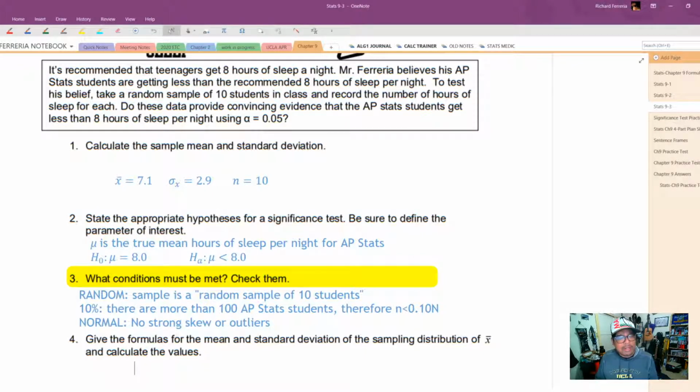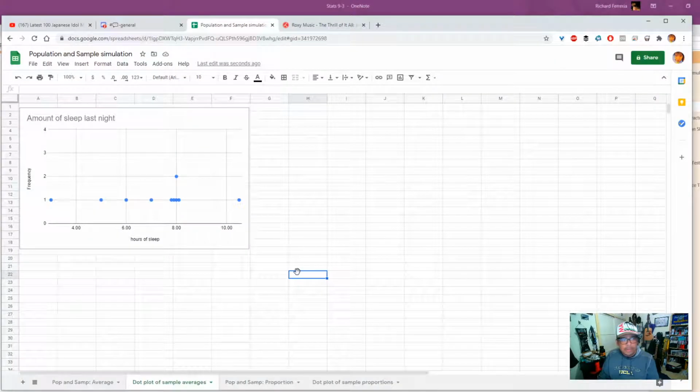So let's take a look at the dot plot of our sample. Here's a dot plot for the amount of sleep in our sample of 10 students, and we can see that there is a peak over here at 8. There's a mound shape at 8, and there is a pretty low observation that's somewhere less than 4 hours of sleep.